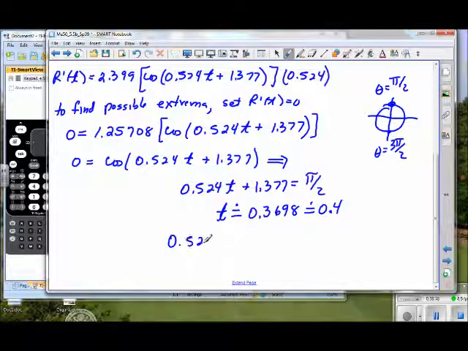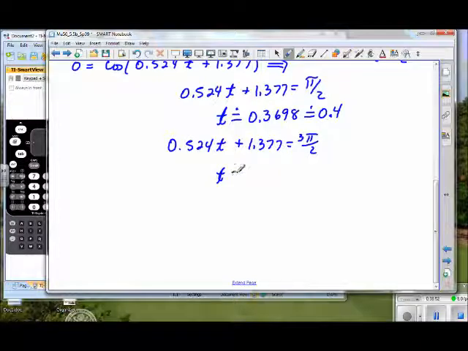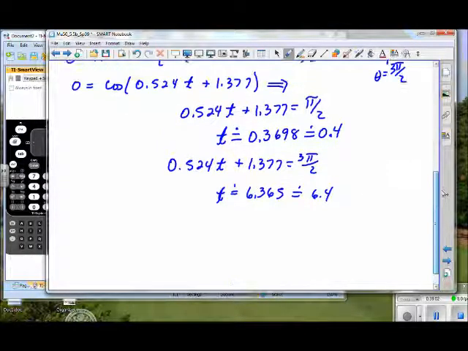If we use that 0.524t plus 1.377 is occurring down here at 3 pi divided by 2, then we would have that t is approximately 6.365, or rounding it to approximately 6.4.